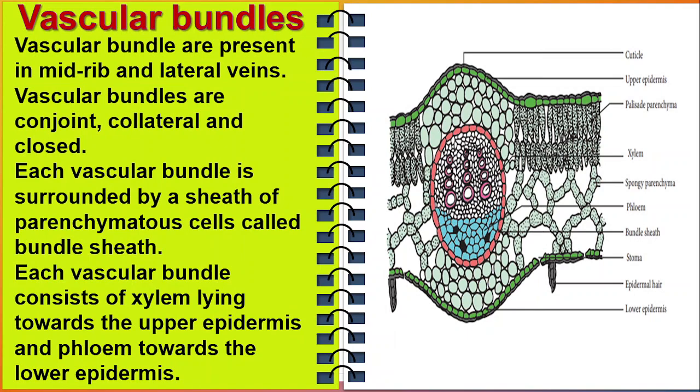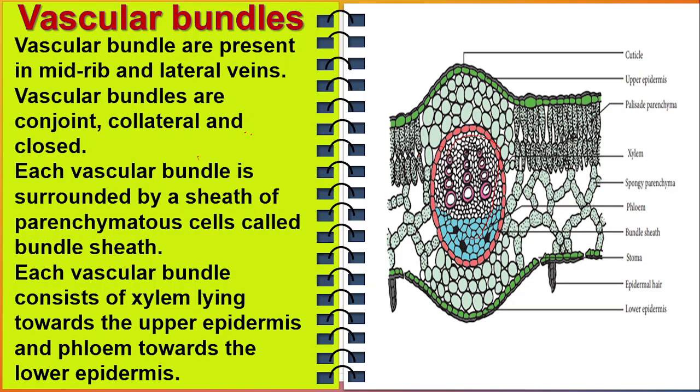Then let's see the vascular bundle. We already know about the vascular bundle: xylem and phloem make up the vascular bundle. Vascular bundles are present in the midrib and lateral veins. These are all known as vascular bundles. They are conjoined, collateral, and closed.